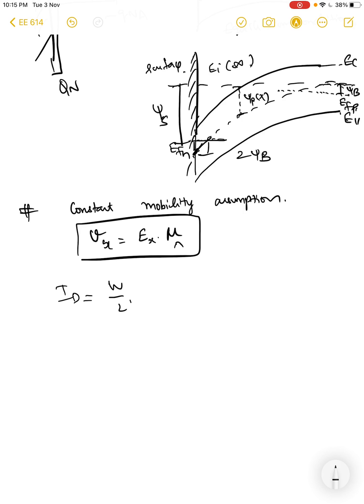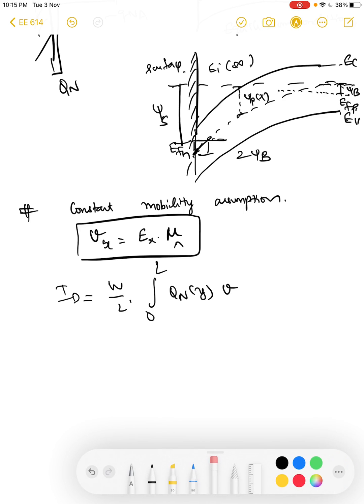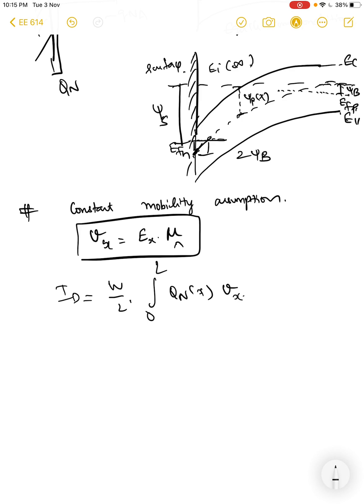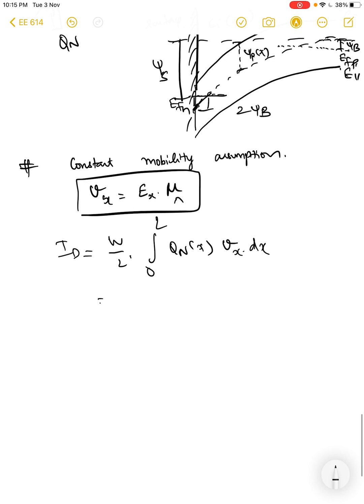ID is W by L integral 0 to L Qn of x Vx dx, and Vx is written here: integral 0 to L Qn of x, and Vx is actually Ex mu n, and Ex can be written as d by dx of delta psi I of x, right?